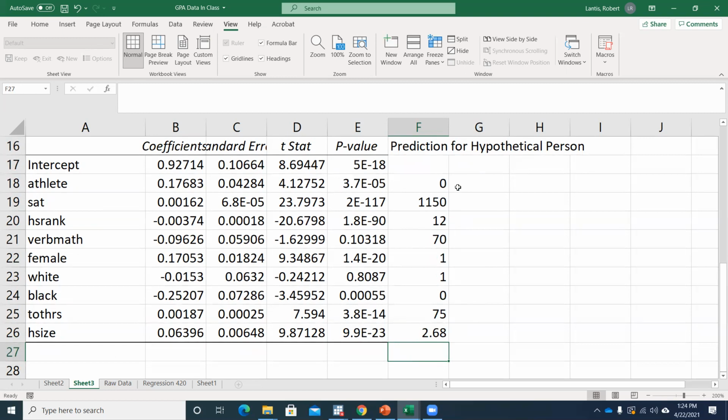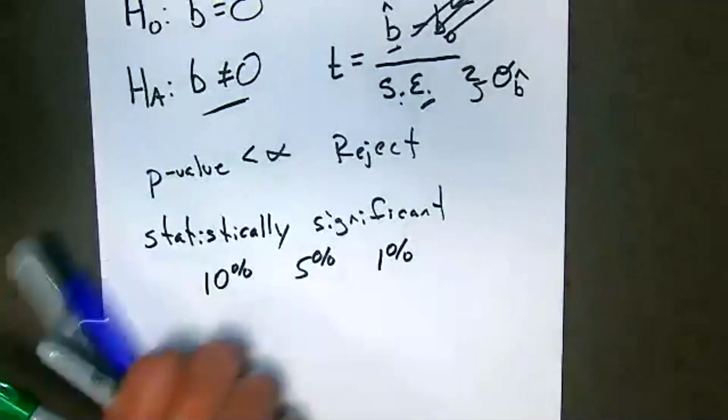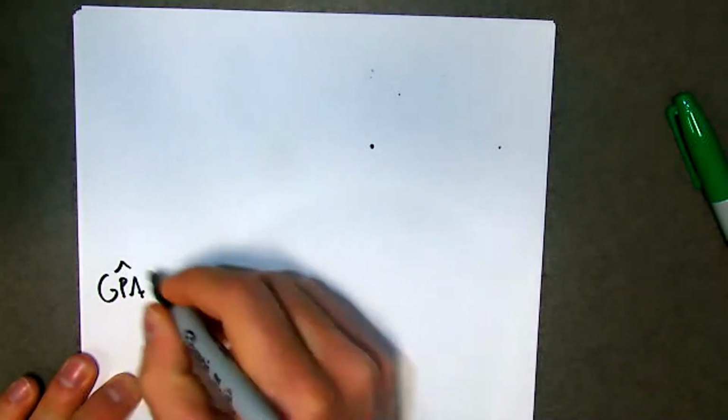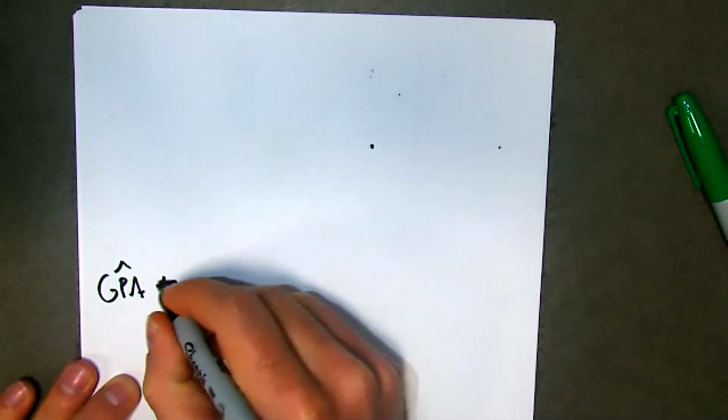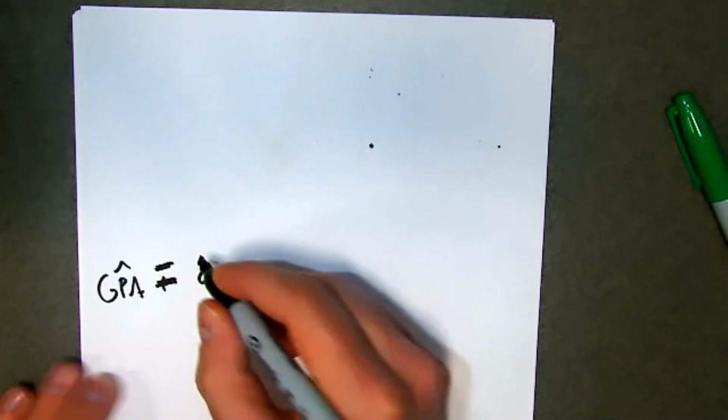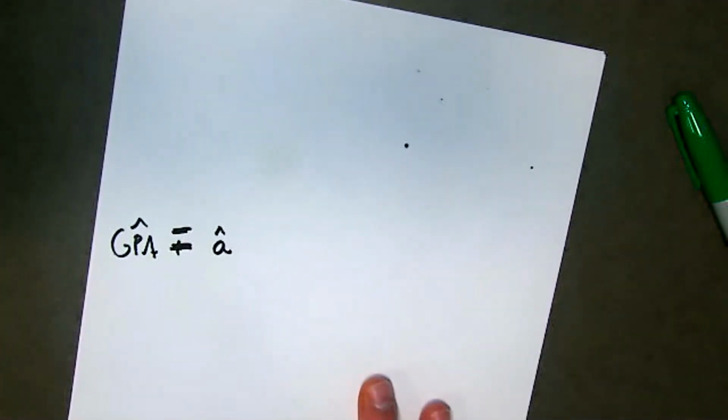I then go through and say, well, what am I trying to do? If I'm trying to come up with a predicted GPA, think about it this way. I'm trying to predict GPA equals, so I will take whatever the intercept value is.